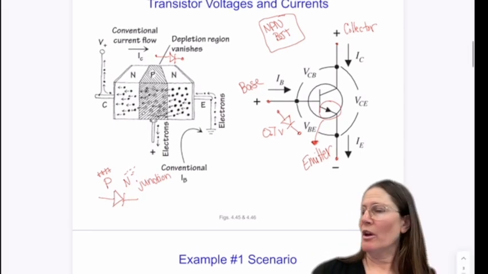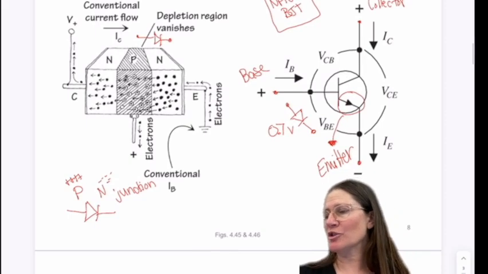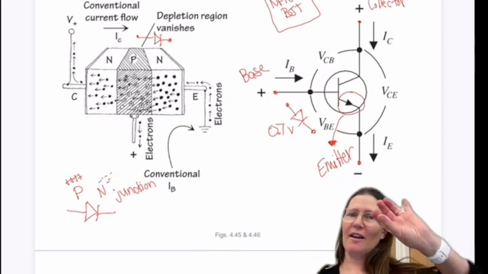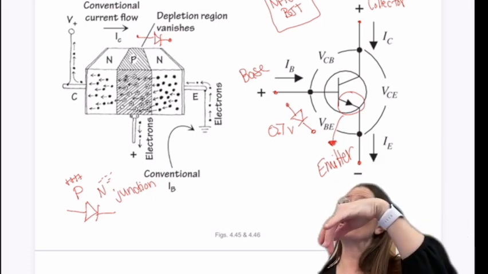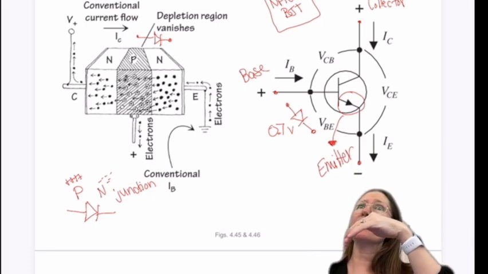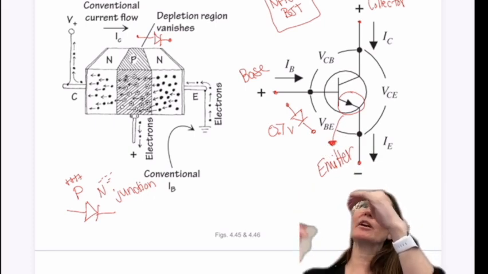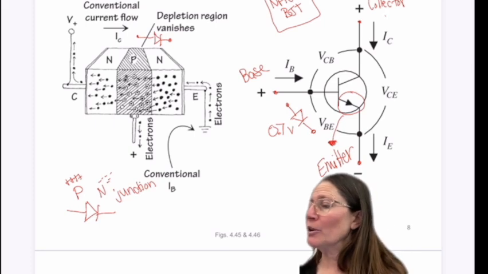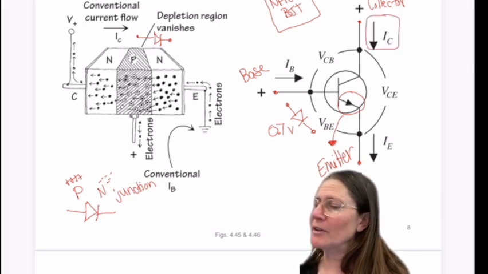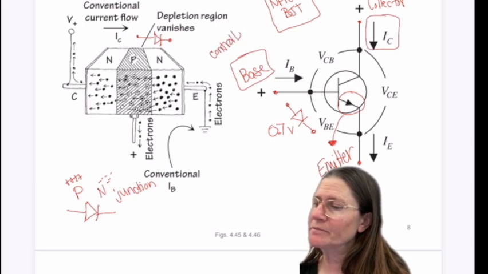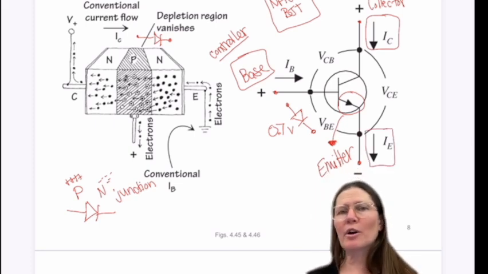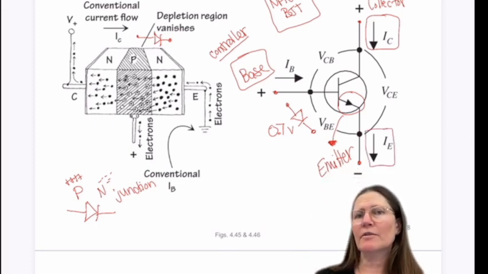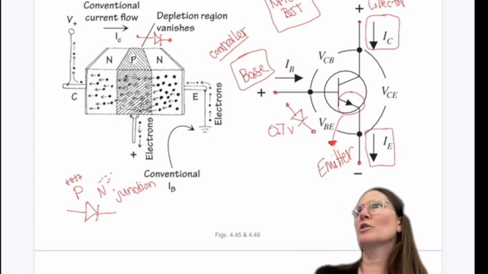What happens here is your base is like a faucet. When you turn it on, you get to a point where the faucet starts running water, and the water flows through the pipes and through the faucet. So your base is the controller, and then you have flow of current from IC that goes through to IE.